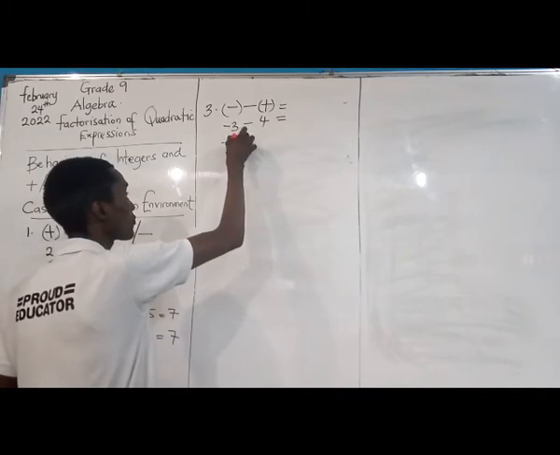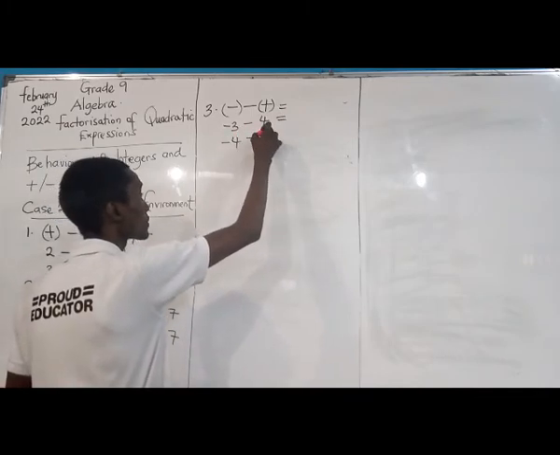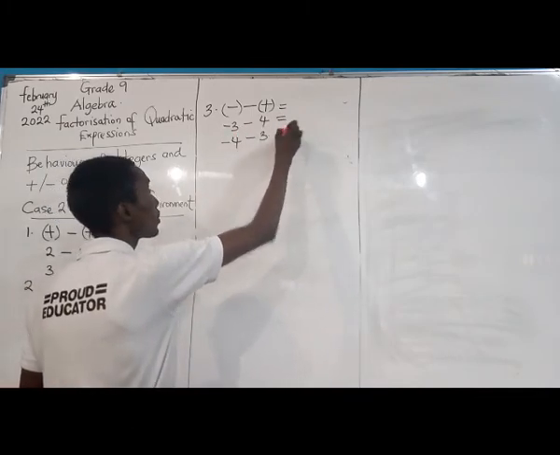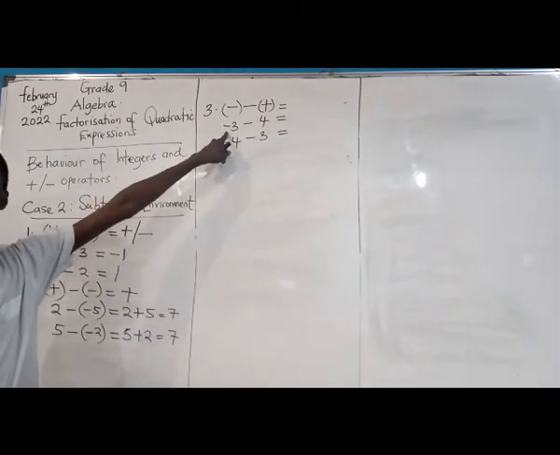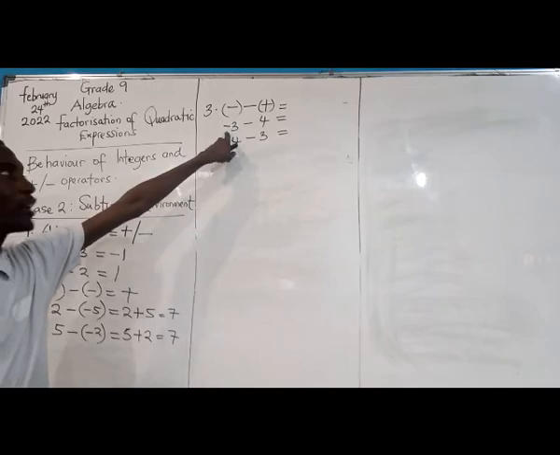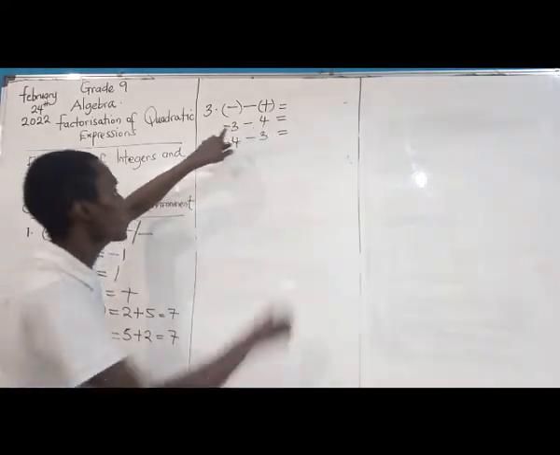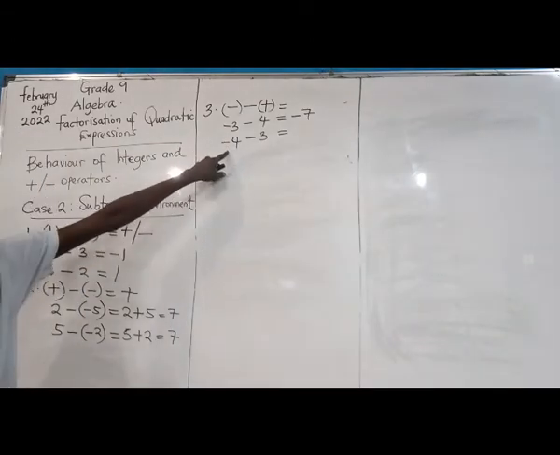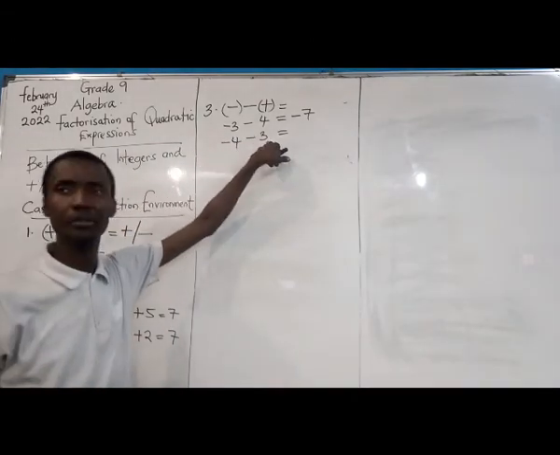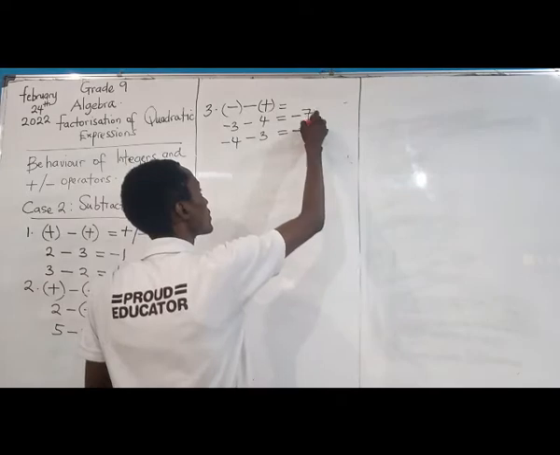And here we have negative 4 minus 3. What do you see here? I'm owing 3 naira and I went to borrow another 4 naira. It means I'm owing 7 naira. I'm owing 4 naira and I went to borrow another 3 naira. That will be 7.